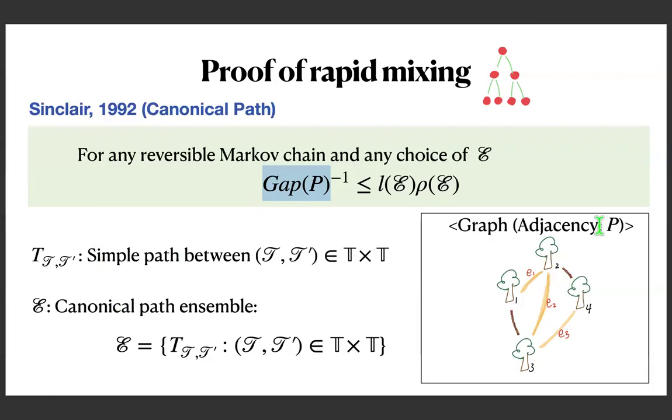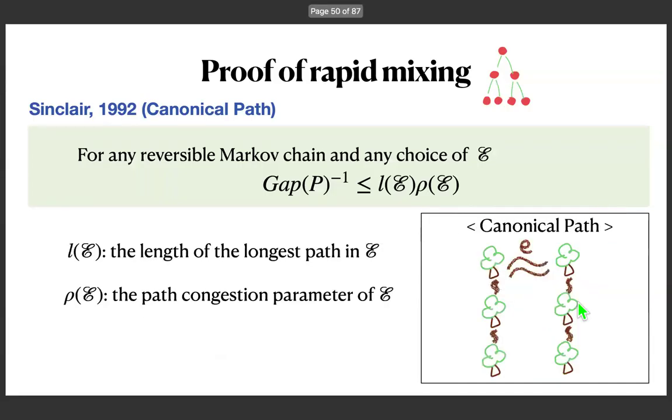When we have an adjacency graph made by the transition matrix, we can come up with any kind of path between two trees without having a loop, and then it is called a simple path. There are two important quantities that control the upper bound of the gap. The first is the length of the longest path in the ensemble. The second is the path congestion parameter, which I will explain more about.